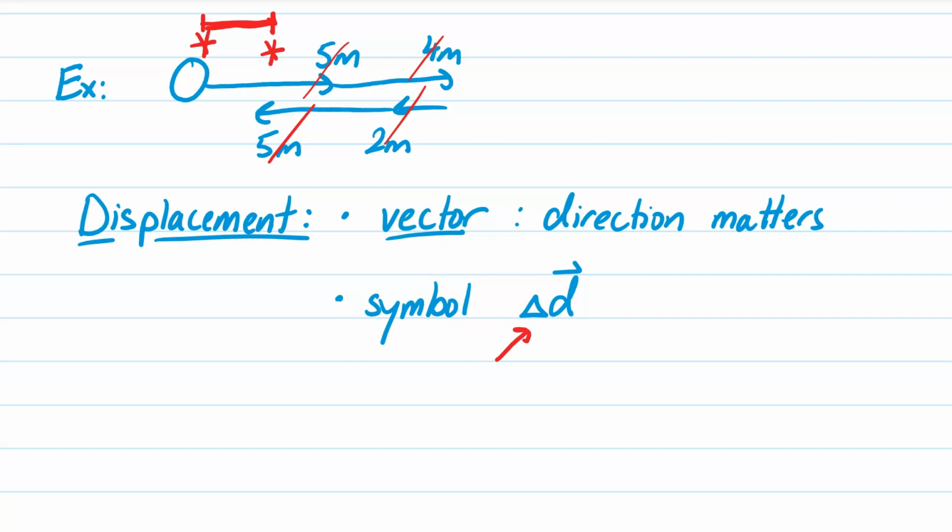The triangle in science is the Greek letter delta. And delta means change in. And when you say change in science, a change is final minus initial.